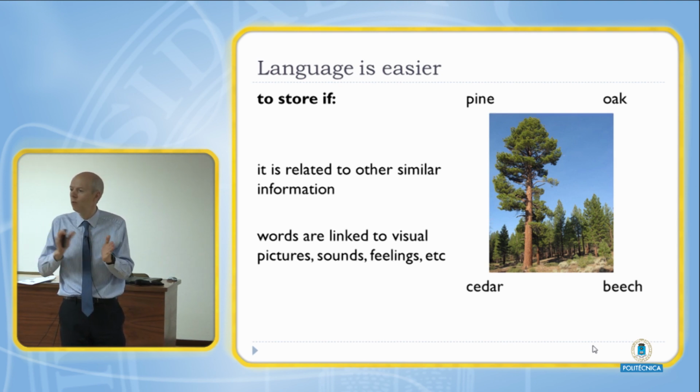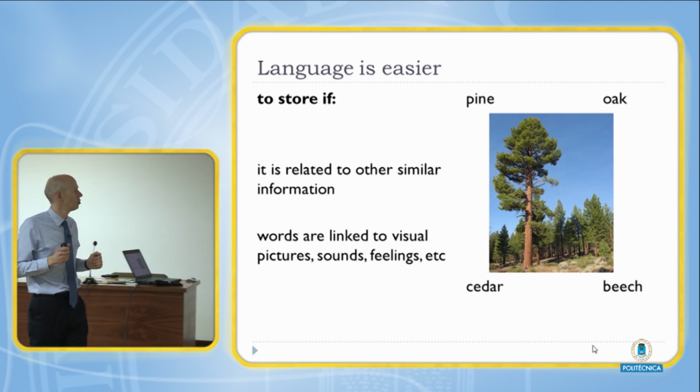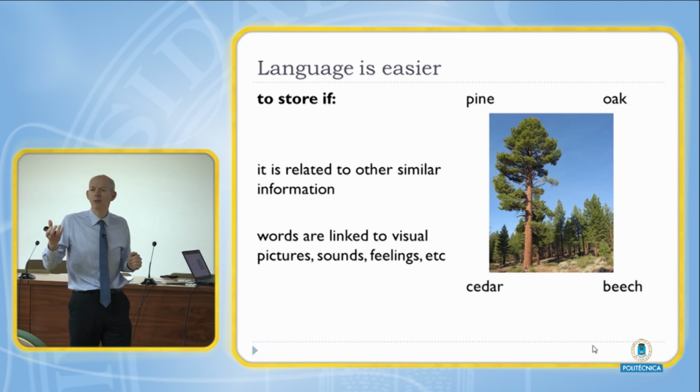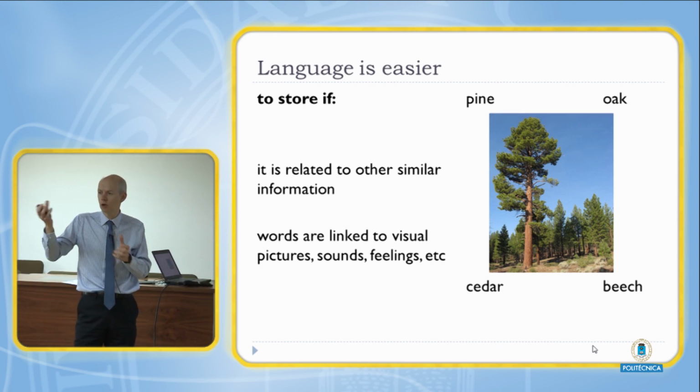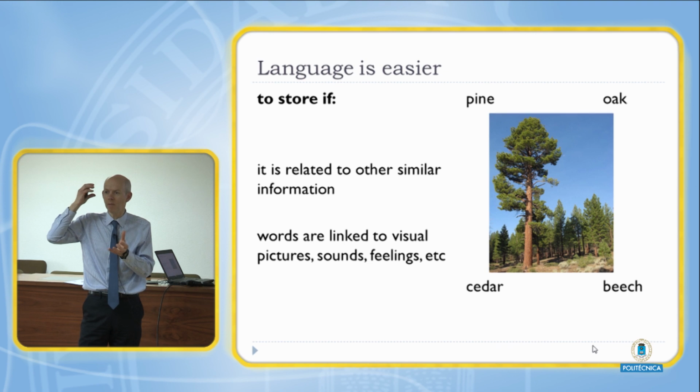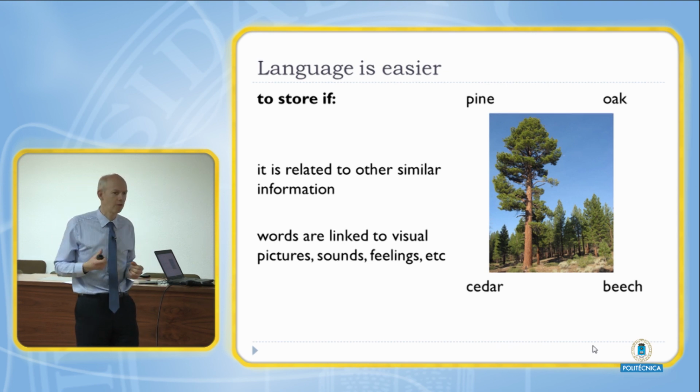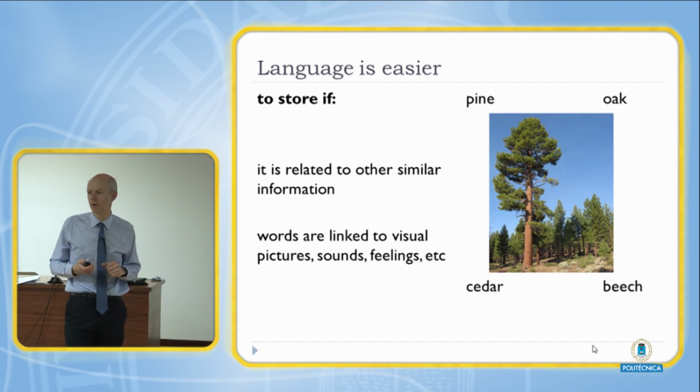So that would be one way of organizing the information. And relating, for example, to the picture, having a mental image would be helpful to you. And you can do that, obviously, for other things. That's just one example.